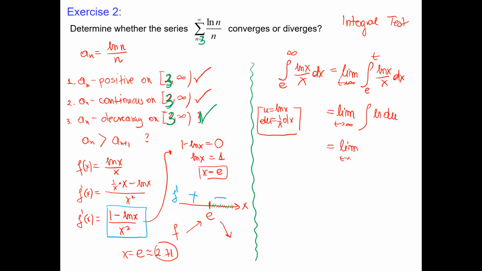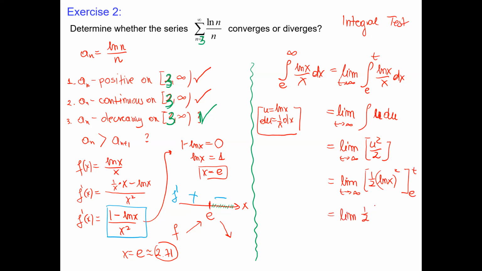Let's integrate. The integral of u du is u squared over 2. Let me come back to natural log. Limit as t goes to infinity of natural log of x squared over 2, times 1/2, and I can keep my original limits from e to t. Let's see what happens.